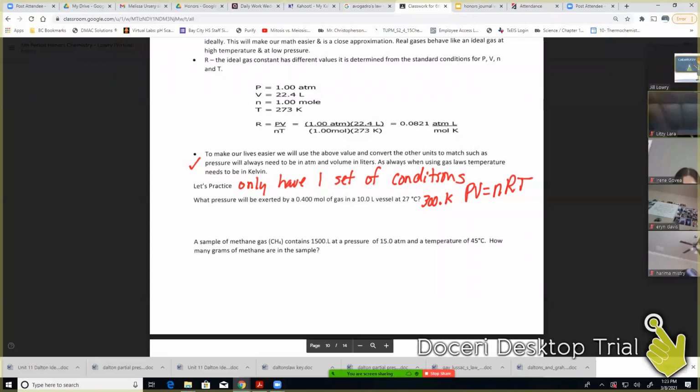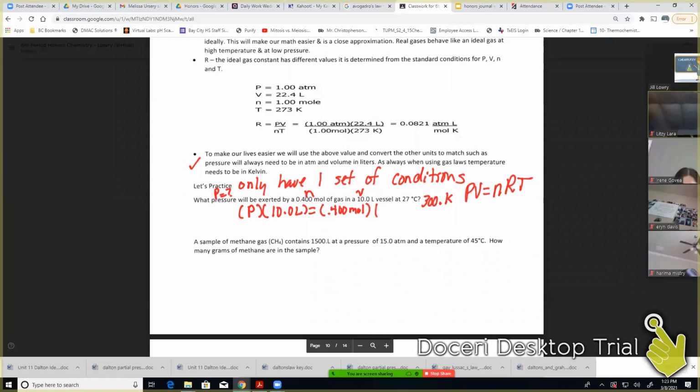So I'm trying to find my P, that's my unknown. I have my n, liters is my volume, and I have my temperature. So I can fill everything in. P is my unknown. My volume is 10 liters. My n is 0.400 moles.